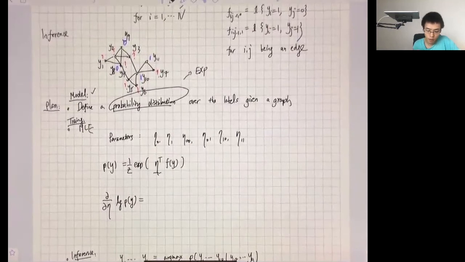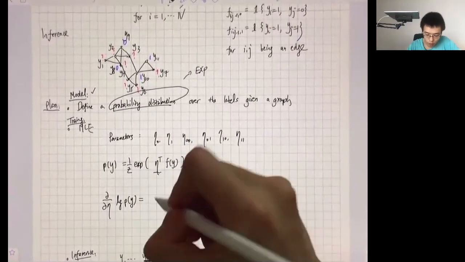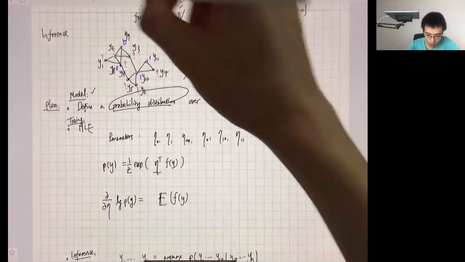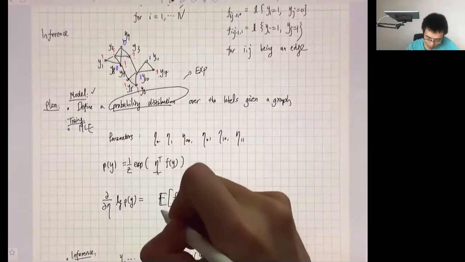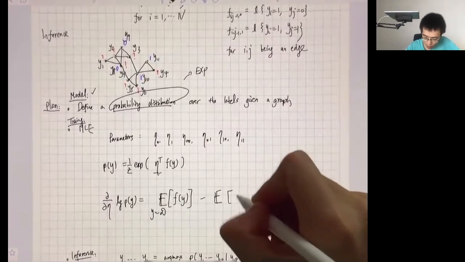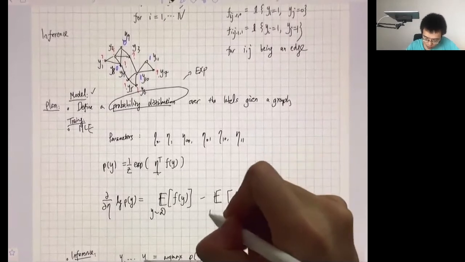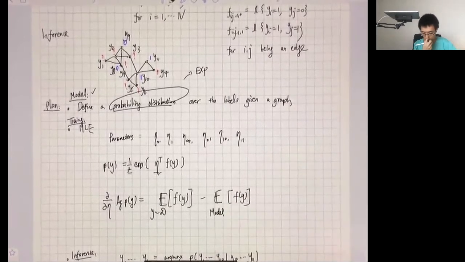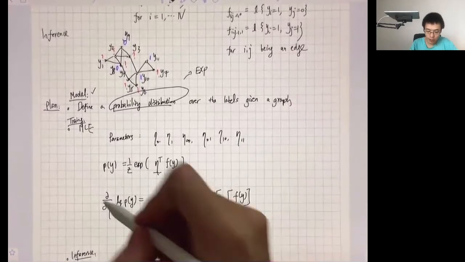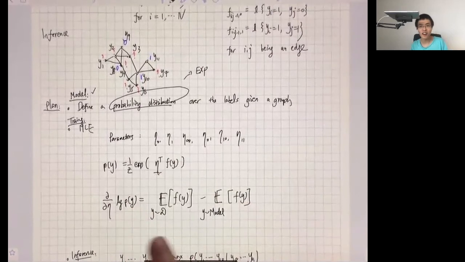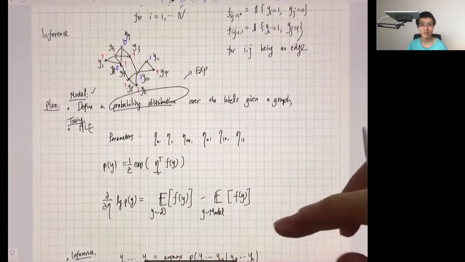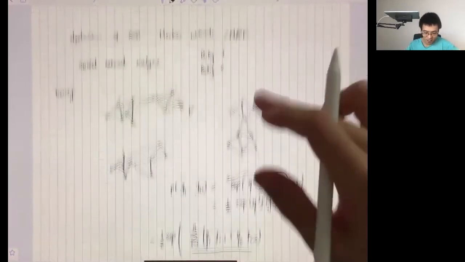What is that? I don't have to compute. I know this is the expectation of f(y) in data minus the expectation of f(y) in model. Or maybe it's the negative log likelihood. So now I need to cheat a little bit. I need to refer to my previous derivation, whether it's plus or minus.